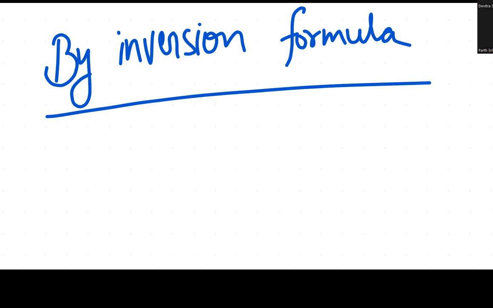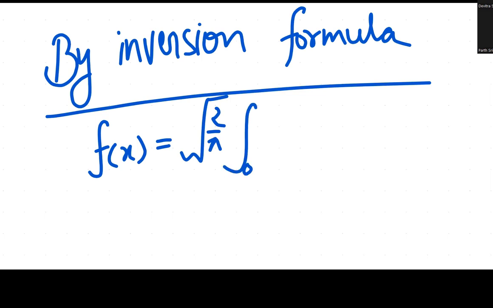Since for inversion we have f(x) in terms of Fc(s), which is equal to square root of 2 over pi into integration 0 to infinity Fc(s) cos sx ds.